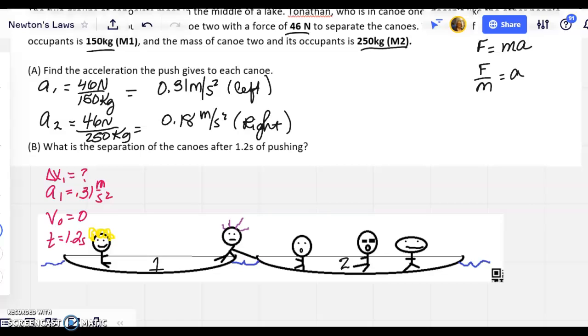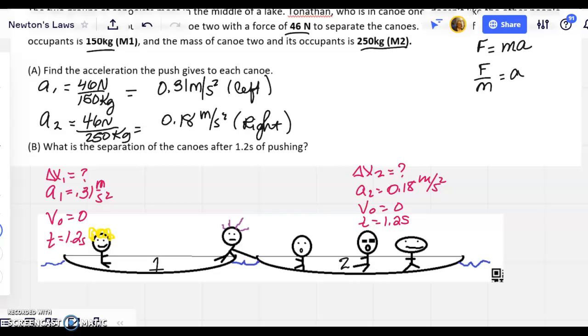For canoe 2, I'm looking for, again, delta x. I know the acceleration, I know that v initial is 0, and I know the time. So really the only thing different is their accelerations.